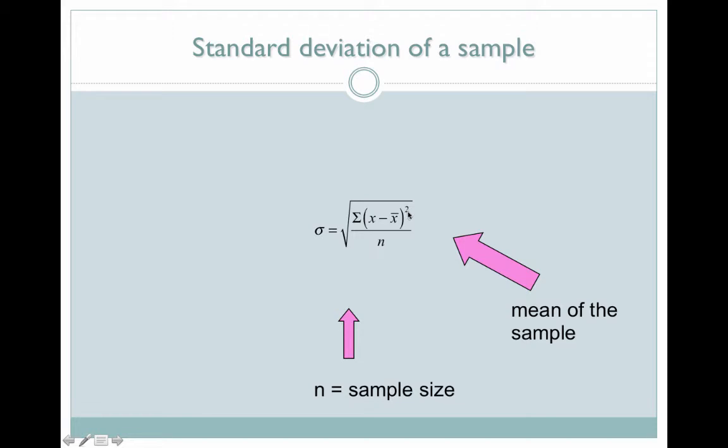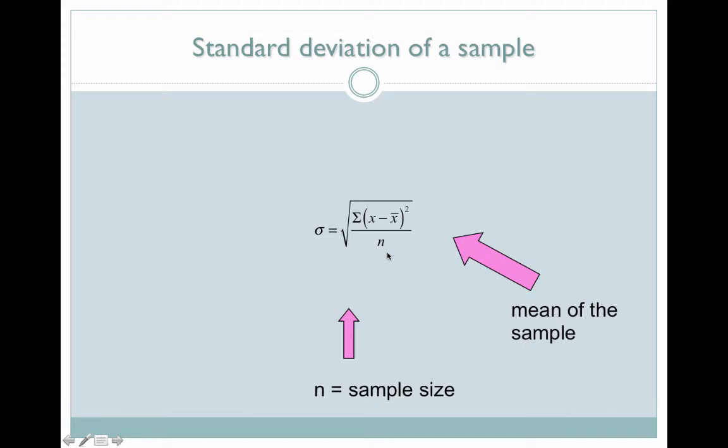You're going to square those differences, add them all up, divide by n, and then take the square root of the whole thing, and that equals the standard deviation, which is represented by lowercase sigma. So uppercase sigma, lowercase sigma.